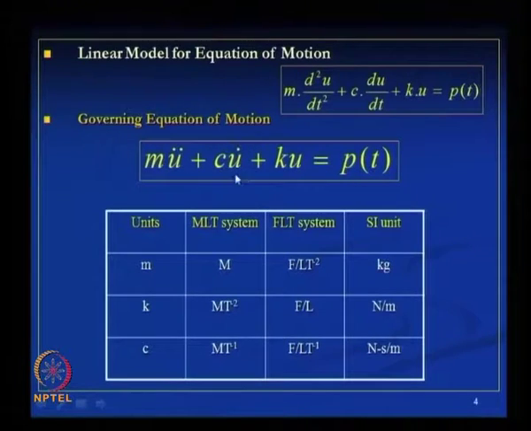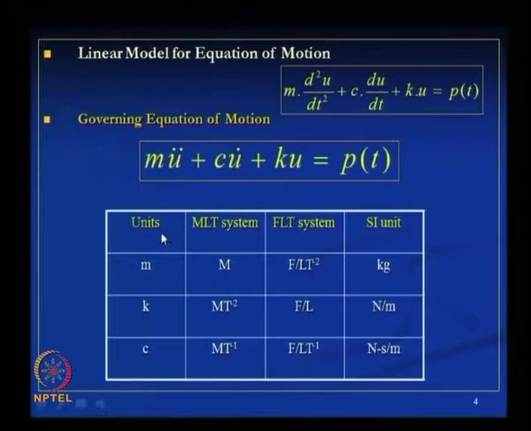So, the governing equation of motion for the linear model for a single degree of freedom system is m u double dot plus c u dot plus k u equals p of t, where u of t is the response or the displacement function with respect to time.